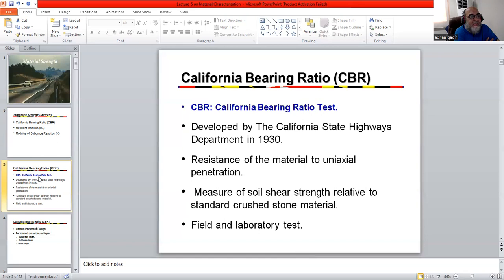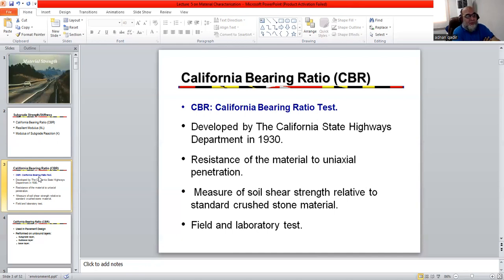CBR is a method developed in the late 1930s and is still being used and considered as one of the most accepted methods and accepted values for pavement design of any structure, whether it be a port structure, a highway structure, or an airport pavement structure.